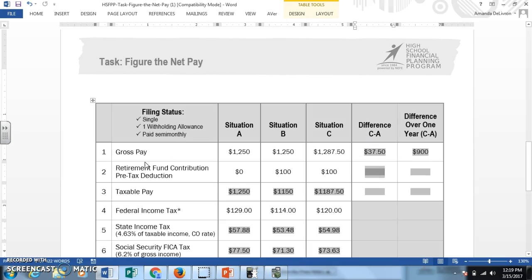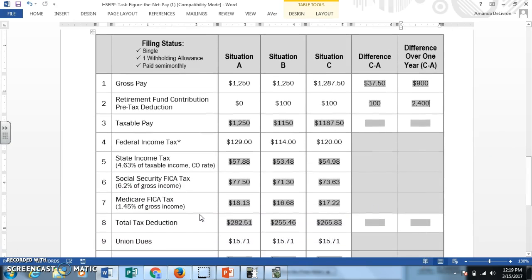The difference in how much you contributed to retirement is $100, so C minus A is 100. If you multiply that by 24, this is $2,400. That's the difference. So you are earning $2,400 for later in your life. Taxable pay is interesting.